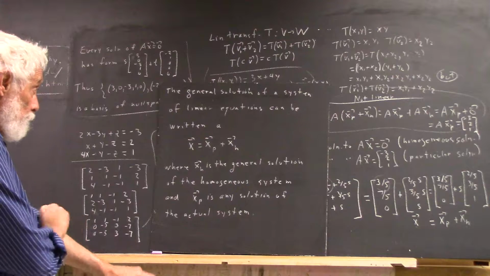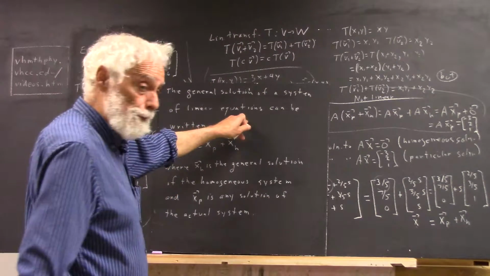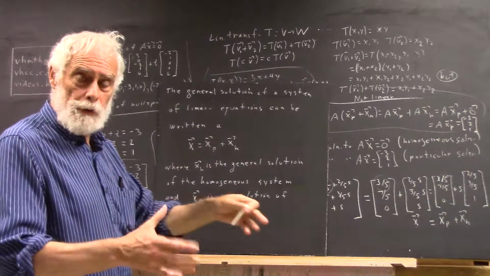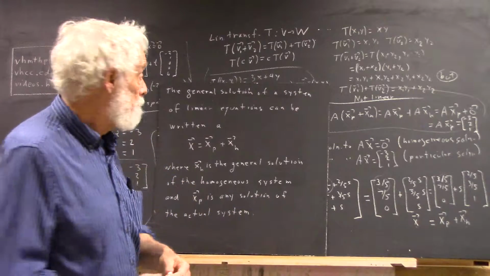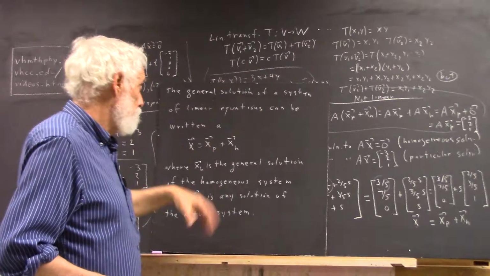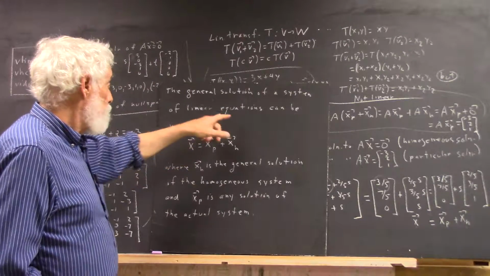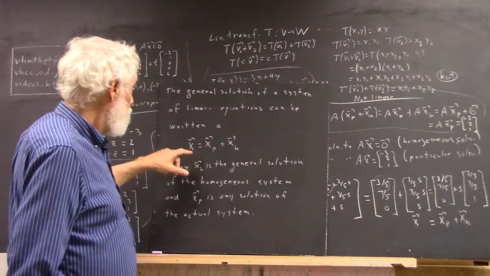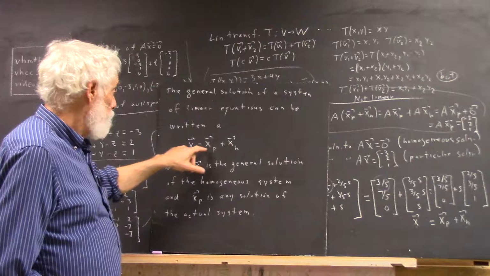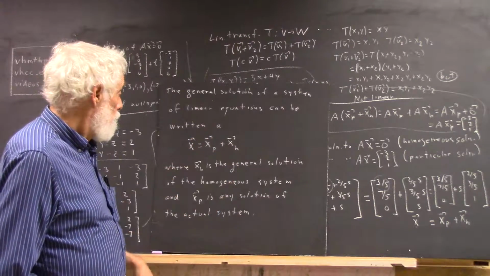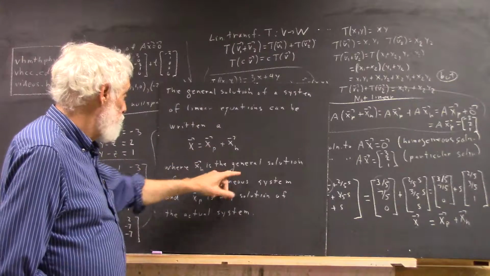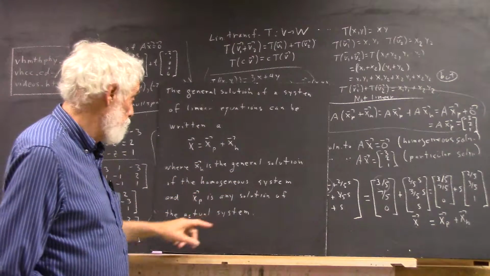The general solution of a system of linear equations, and that would be the solution involving any free variables as well as other quantities, can be written in this form: x equals x sub p plus x sub h, where x sub h is the general solution of the homogeneous system.